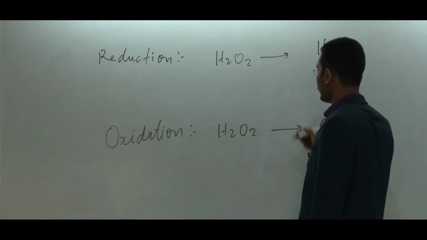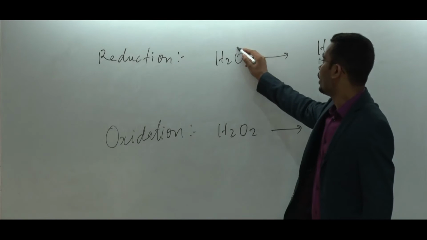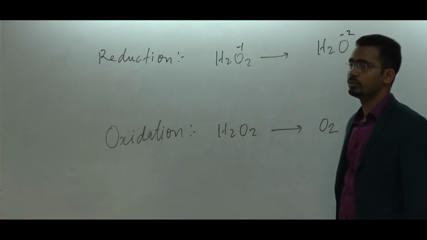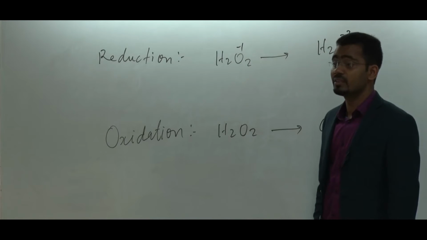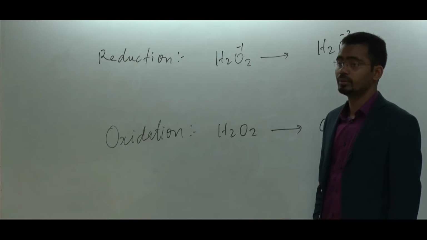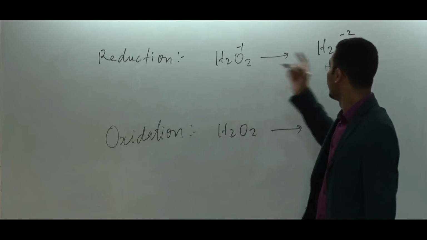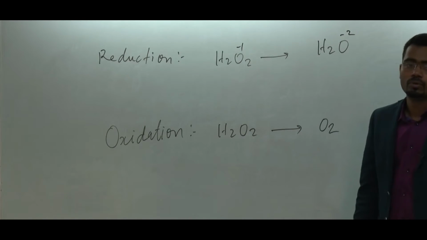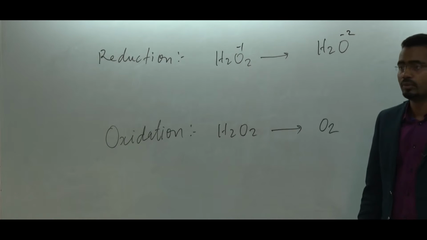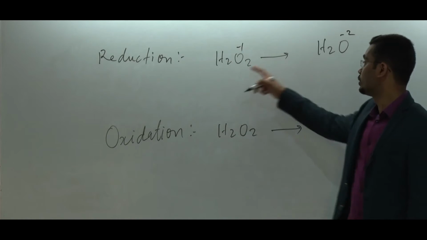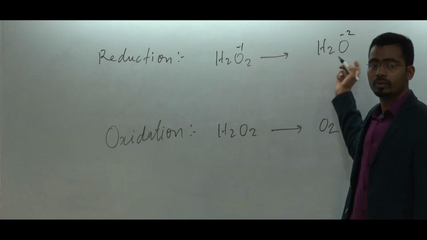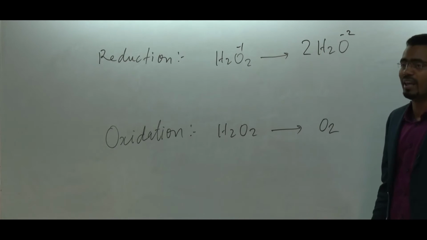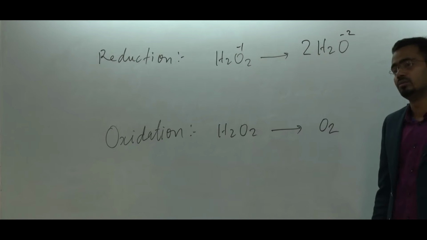So next is hydrogen peroxide. Here oxygen has -1 and here oxygen has -2. So you have to balance the charge, and before this you have to balance the atom whose oxidation state is going to change. Here there are 2 oxygen atoms, here 1 oxygen, so you have to multiply by 2. Now balance the electron.